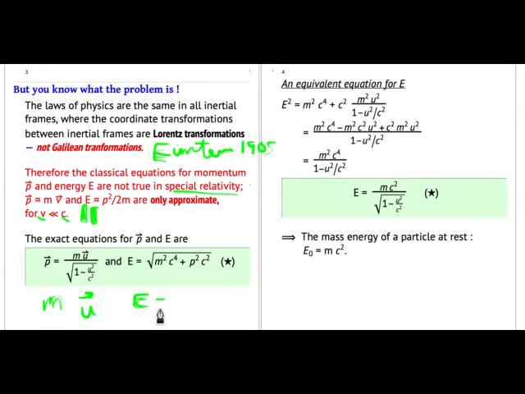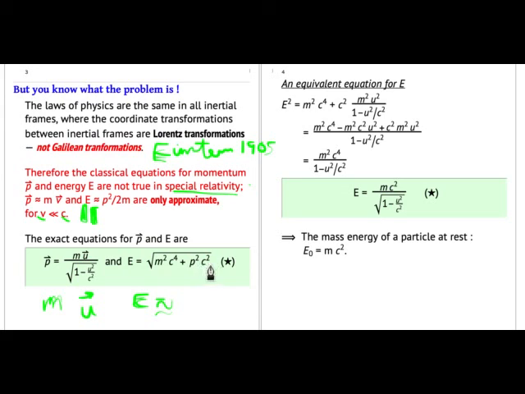So remember, for classical physics, or we can make this an approximation, if the speed is small compared to the speed of light, then the momentum will be small compared to mc. So this will be a small term.